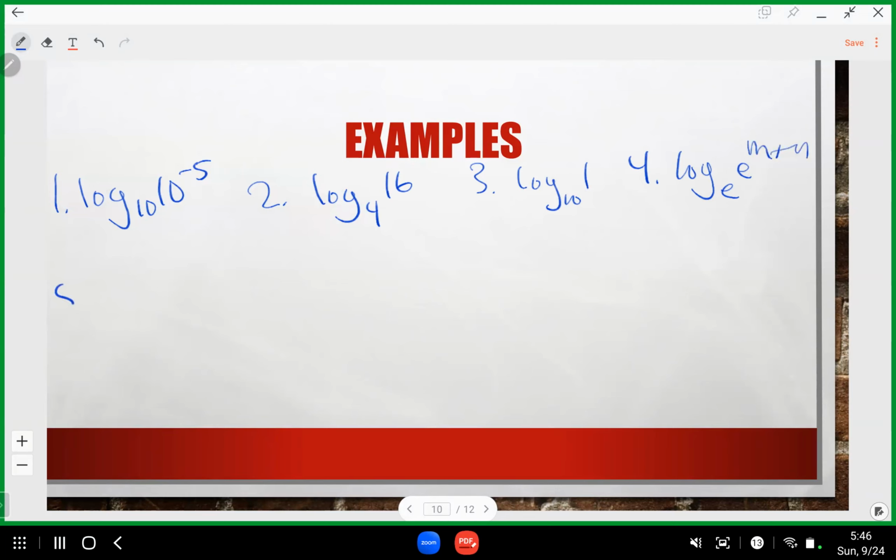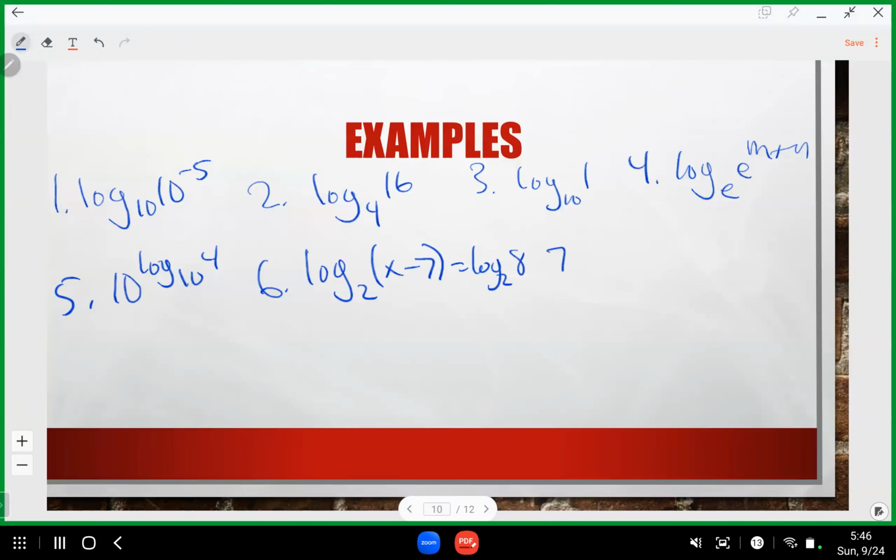Number 5, 10 to the log base 10 of 4. Number 6, log base 2 of x minus 7 is equal to log base 2 of 8. Number 7, log base b of u to the 1 over 3 over v to the 5th. Number 8, log base b of m over n to the 3/5.